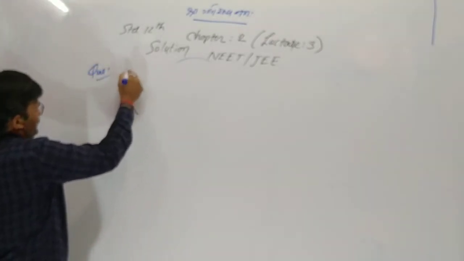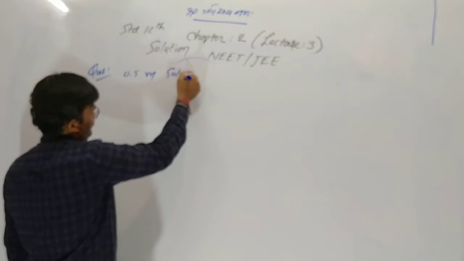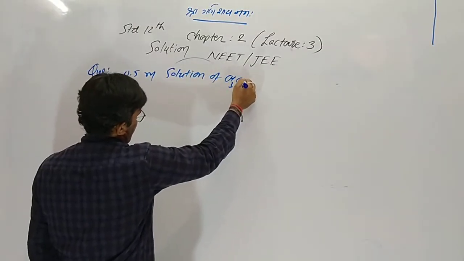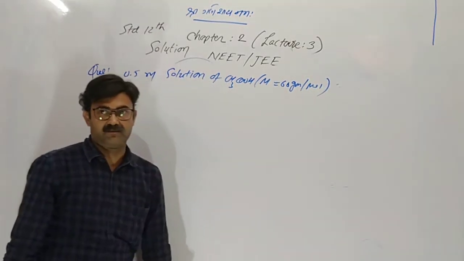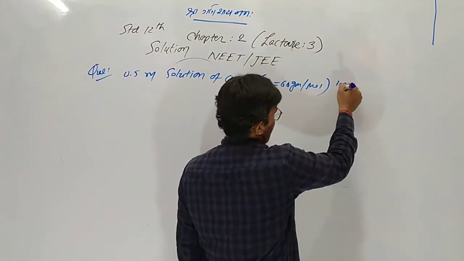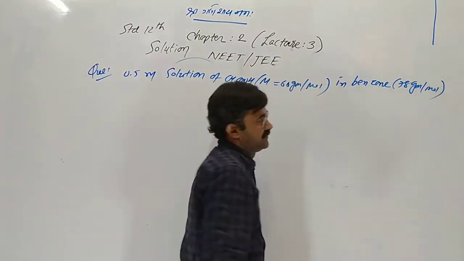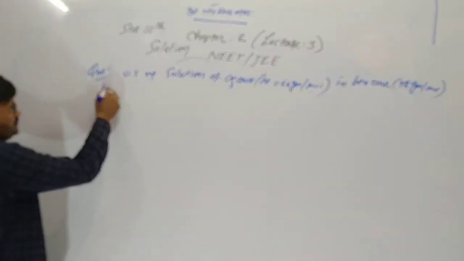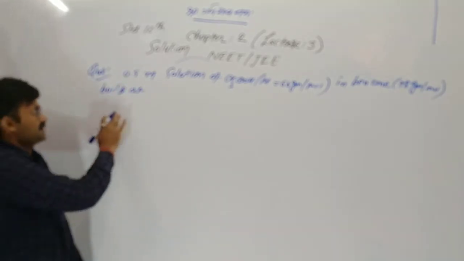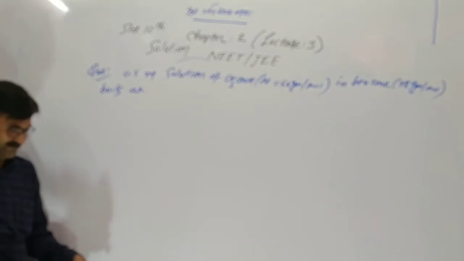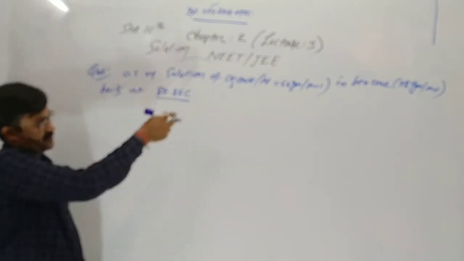Question: a 0.5 molal solution of acetic acid, molecular mass 60 gram per mole, in benzene, with molecular mass 78 gram per mole, boils at 80.80 degrees Celsius. 80.80 is the boiling point of the solution.